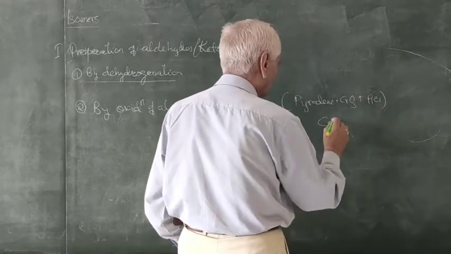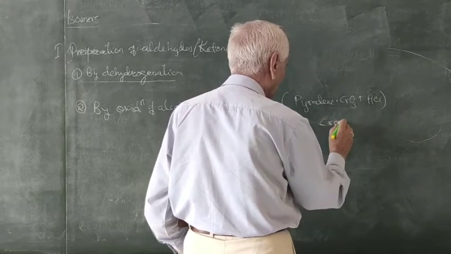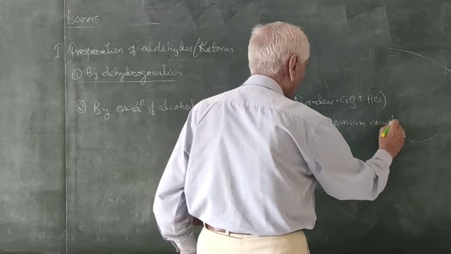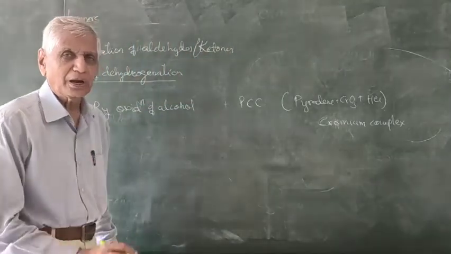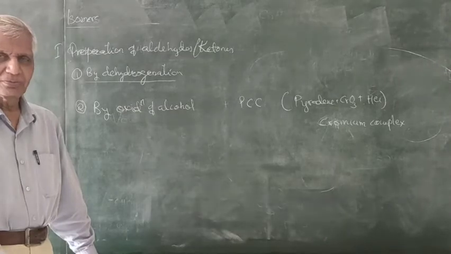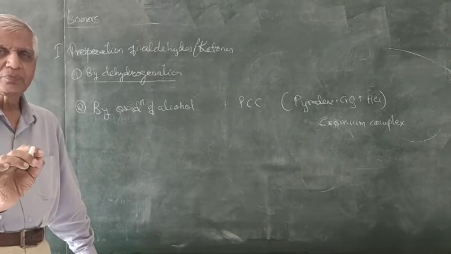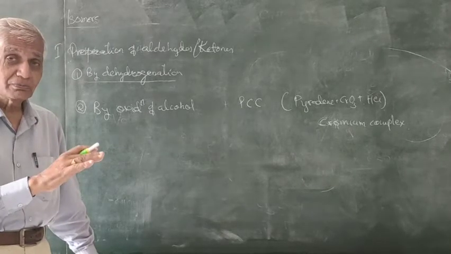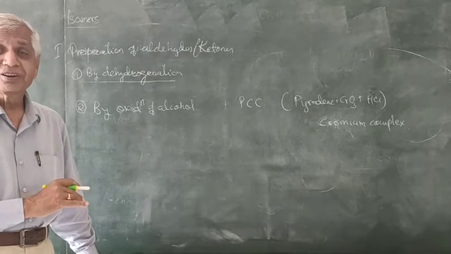This is a chromium complex. PCC is a mild oxidizing agent. It will bring about oxidation of only primary alcohol or secondary alcohol. If any other groups are there which can be oxidized, they will not undergo oxidation.